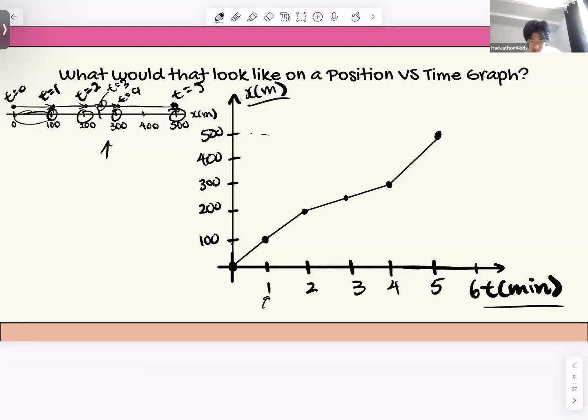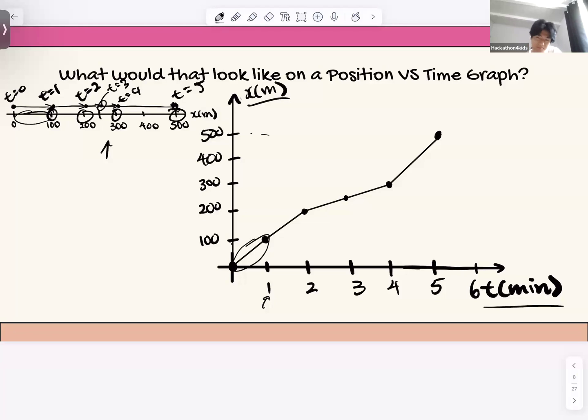What we can see here is that when he is walking at a moderate pace, let's say from 0 minutes to 1 minute, it's pretty steep, right? This line is pretty steep. But from t=2 to t=3, he's walking pretty slow, right?